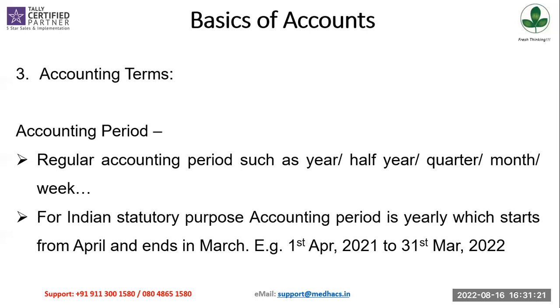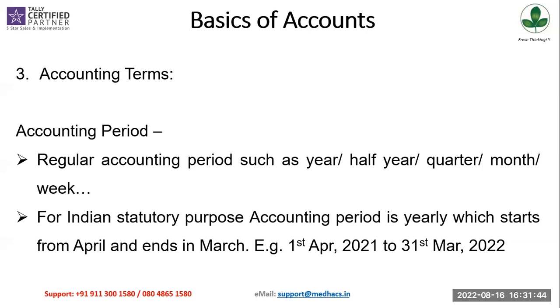But of course, after the introduction of GST, you have to file your GST returns either on a monthly basis or on a quarterly basis, whichever way you have registered. For that reporting purpose, that period forms an accounting period.